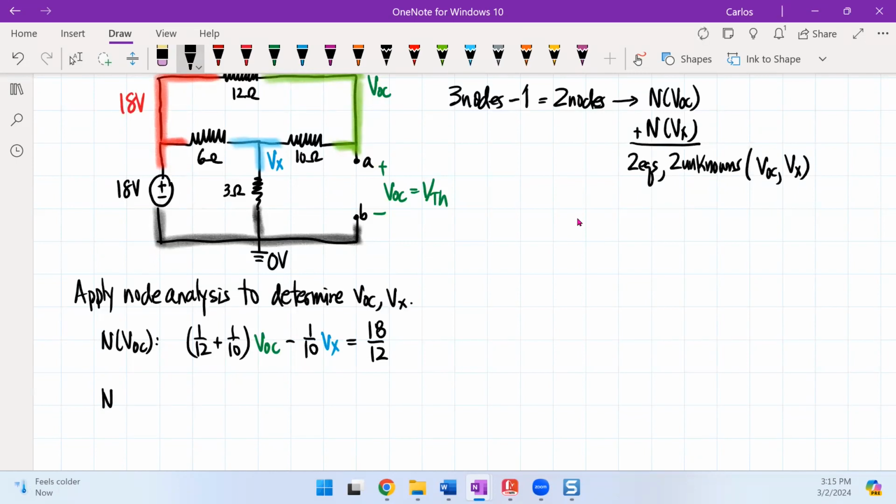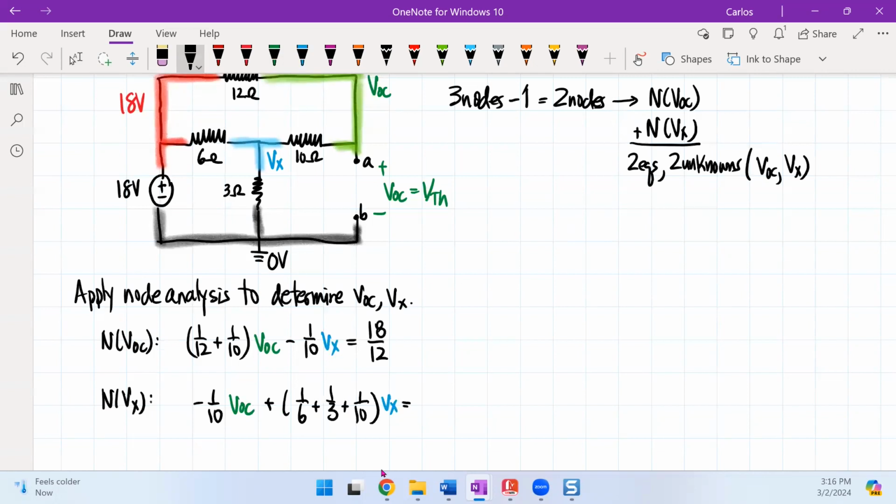Now, let's focus on the node VX. When I look at the node of VX, note that VOC is connected to VX only through the 10 ohm resistor. So then I'm going to write minus VOC over 10. And then I look at the node VX and there are 3 resistors. So I get 1/6 plus 1/3 plus 1/10 times VX.